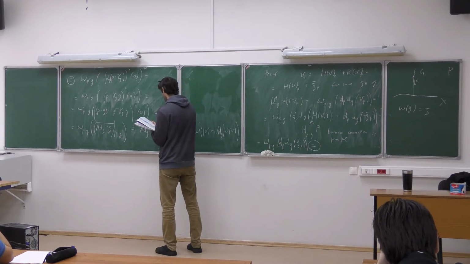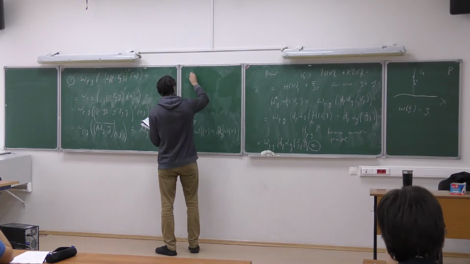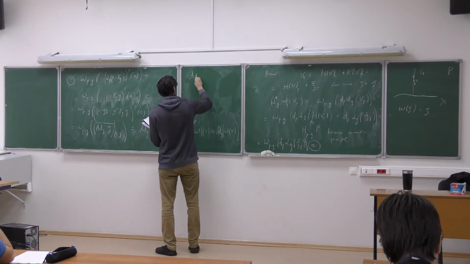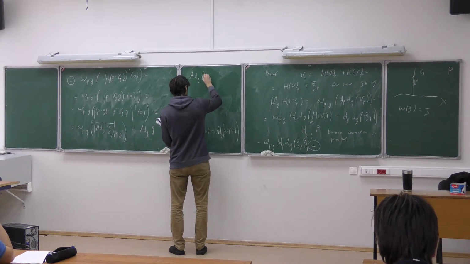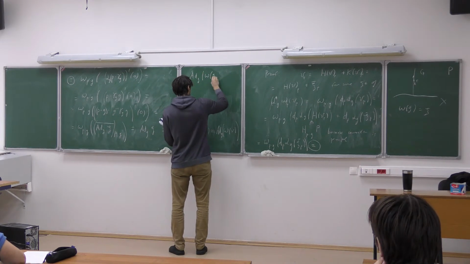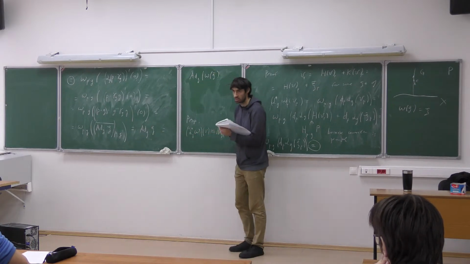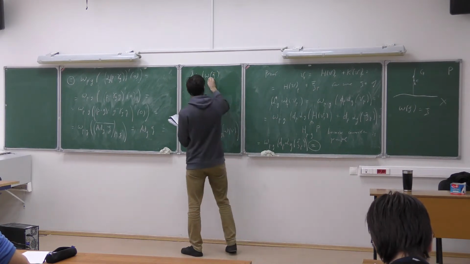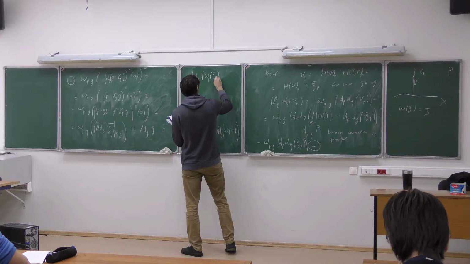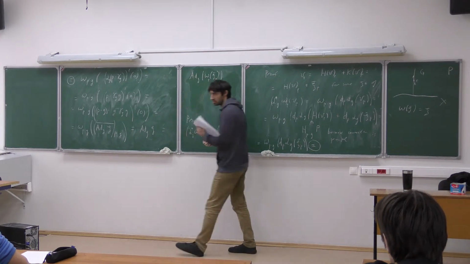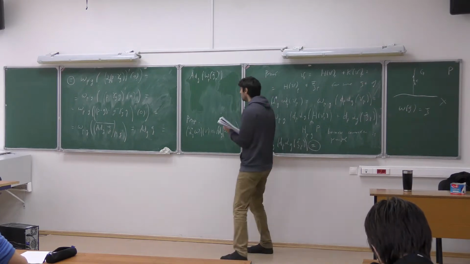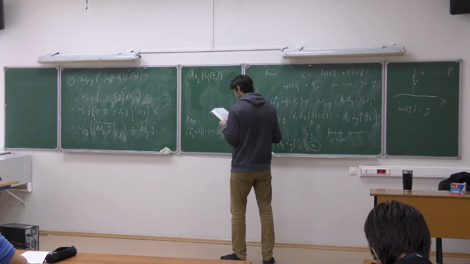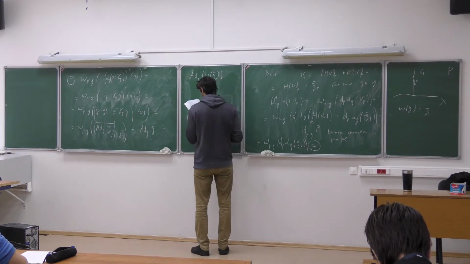And so psi is now at G applied to omega of psi bar, right? Well, at point P. It doesn't really matter at which point I take.